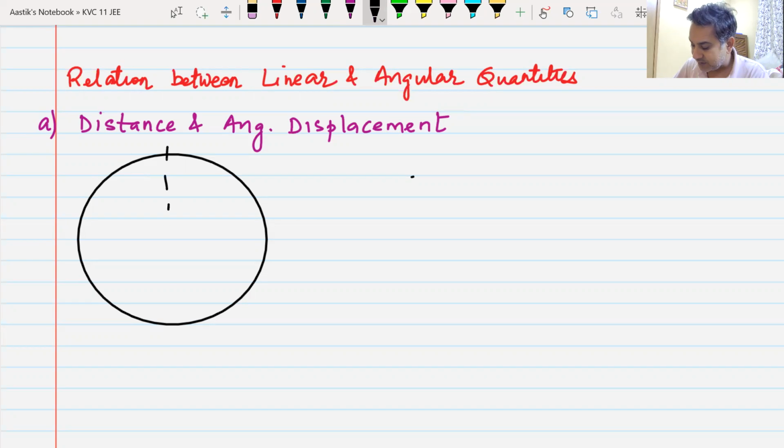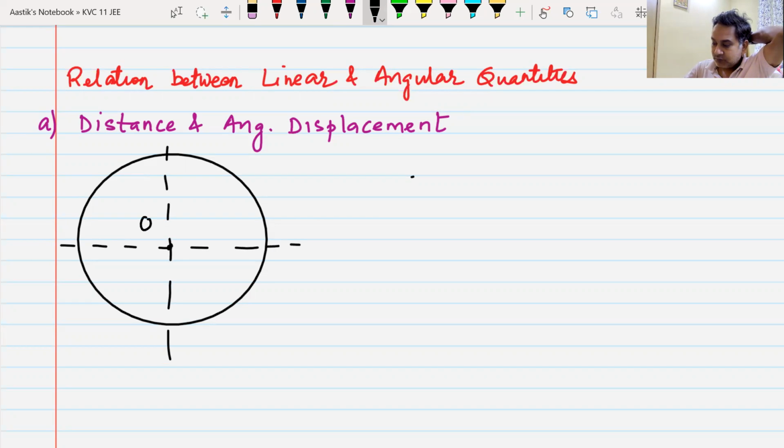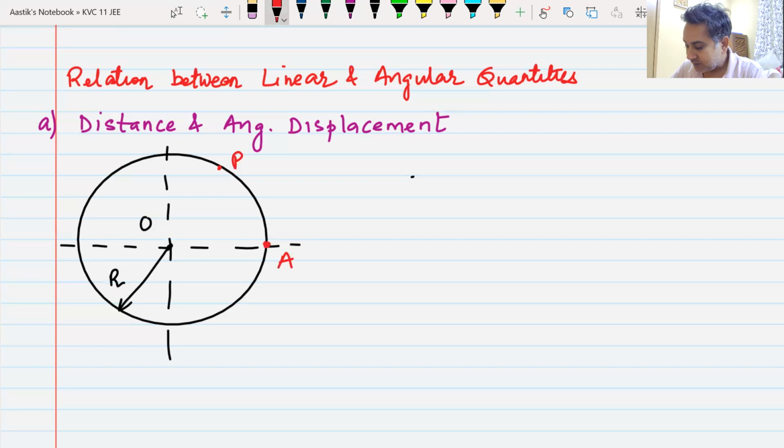I have drawn a circle, and this is my center O. This is my radius R. Now, a particle moving on a circular track, let us say at some time he is at point A, at some other time he is at point B. He has moved from point A to point B. There has been some angular displacement. Yes or no? This delta theta is the angular displacement.